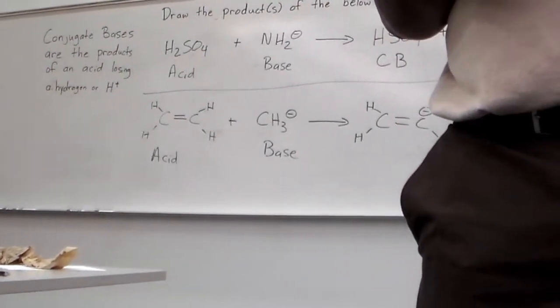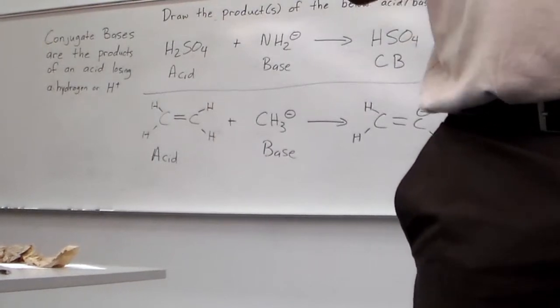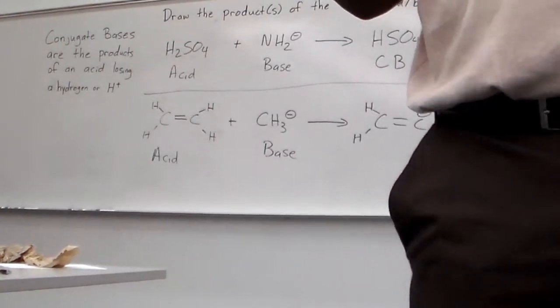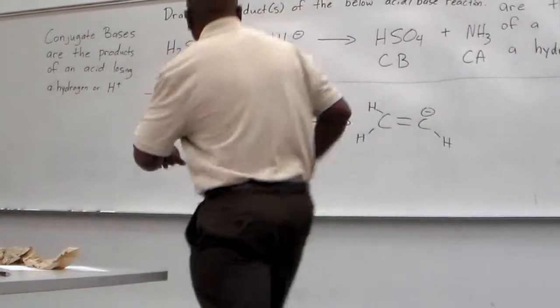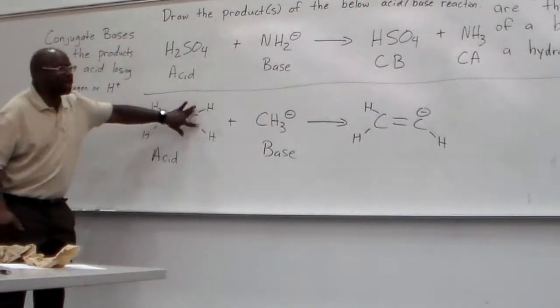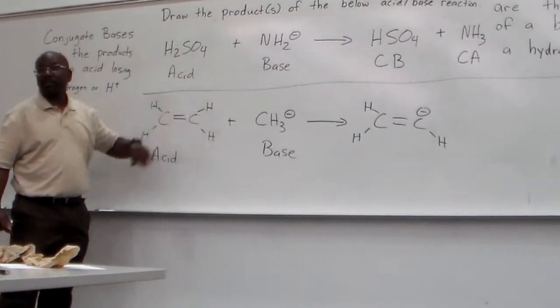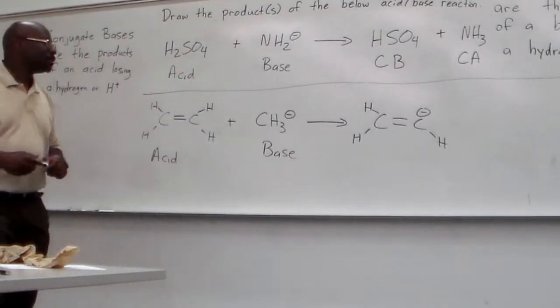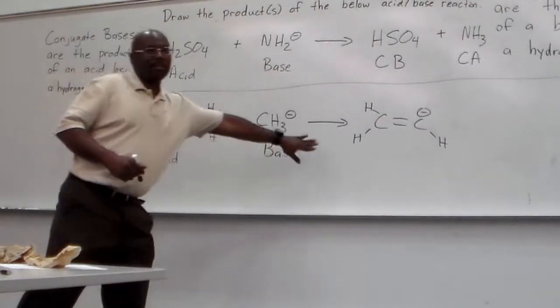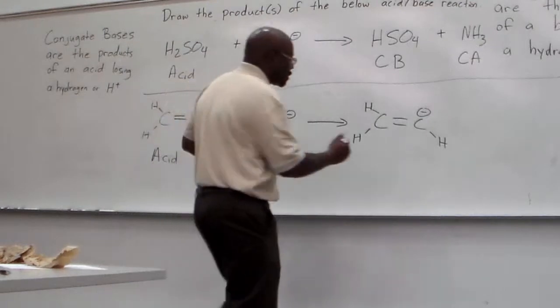Why not? All the carbons have the exact same attachments, so there's nothing special between this carbon atom versus that carbon. They both are the exact same. This here will be your conjugate base.